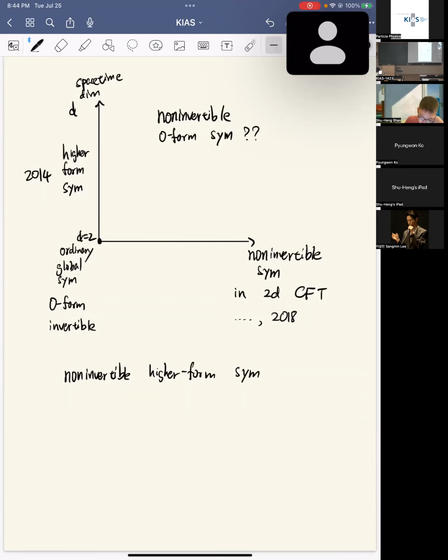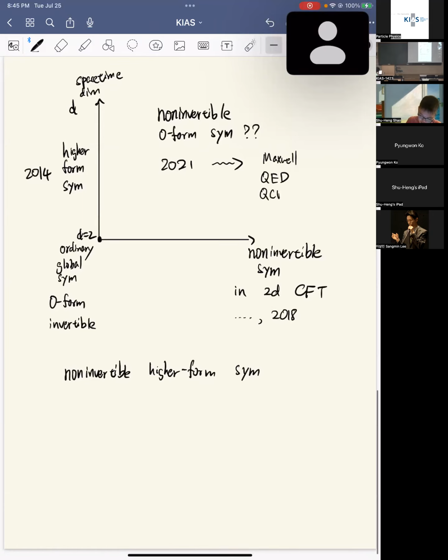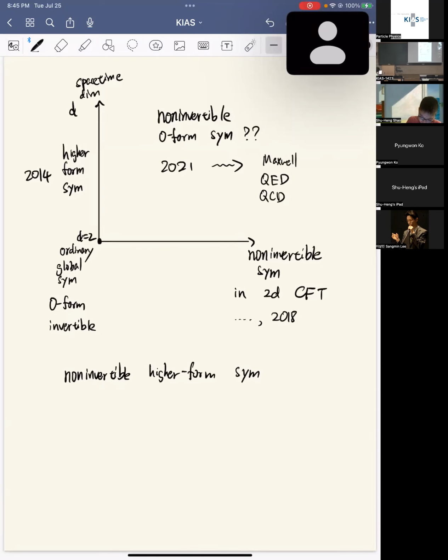And it was not until 2021 that people realized a very general way to construct these new symmetries in higher D. And that led to a lot of excitement in the past 2 years with a lot of examples of non-invertible symmetries in realistic quantum field theory. This includes the free Maxwell theory, QED with fermions, QCD, and also axion physics.